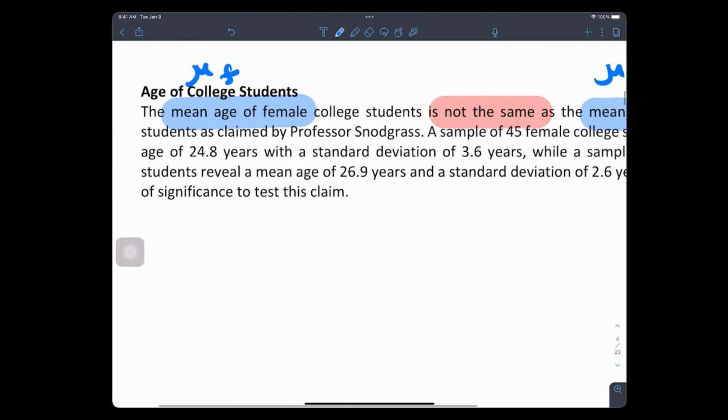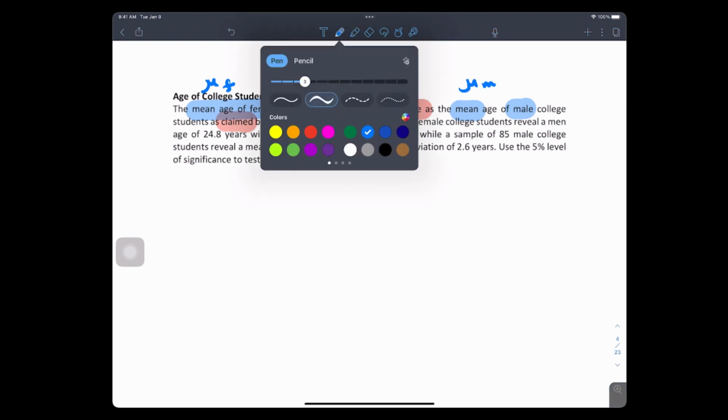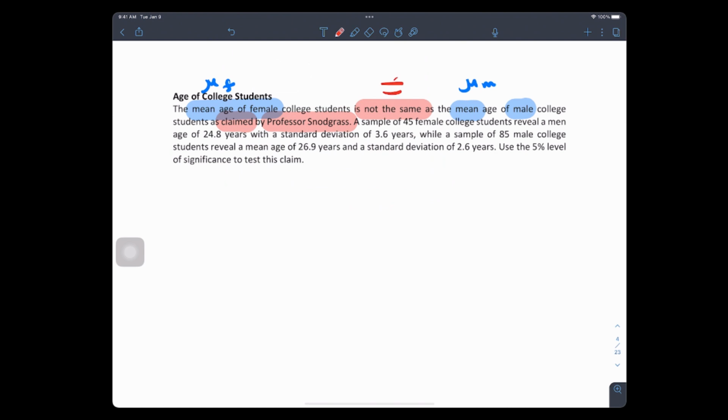And of course, this is claimed by who? Good old Snodgrass again, okay? So, not the same, isn't that not equal? Okay? So, this is the claim, ladies and gentlemen.